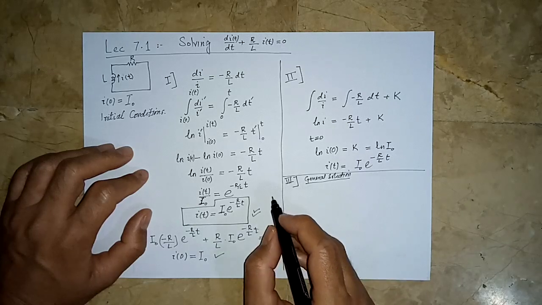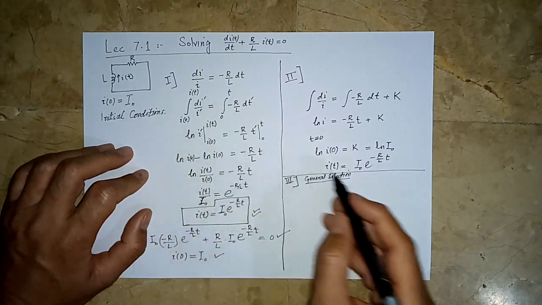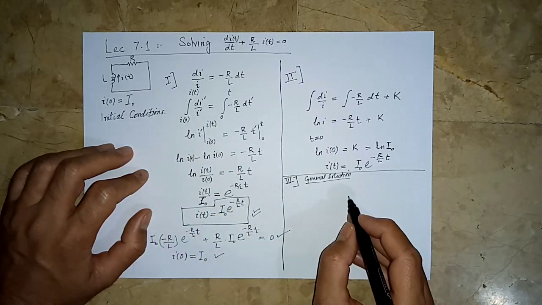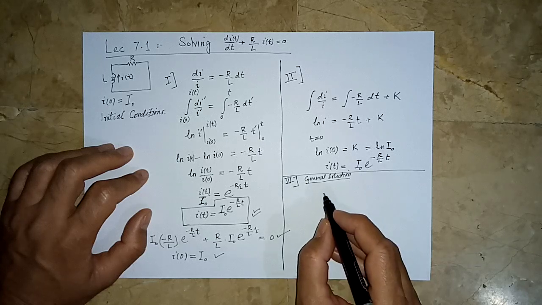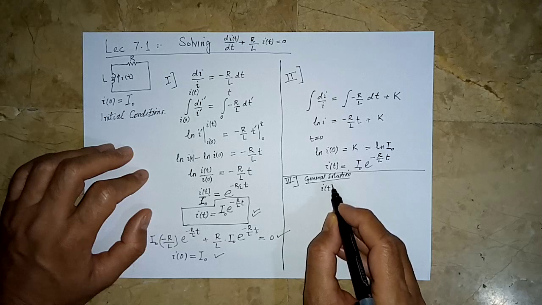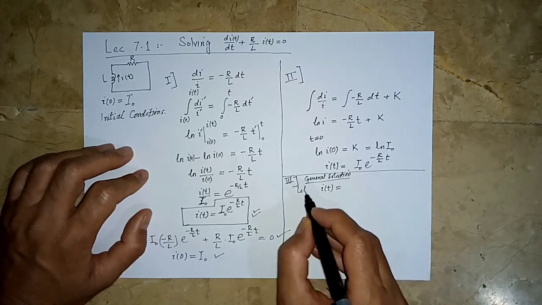So we know that a differential equation of this form basically has an exponential solution. So what we do is we take a very generalized solution. Let us say, let the solution be of this form.